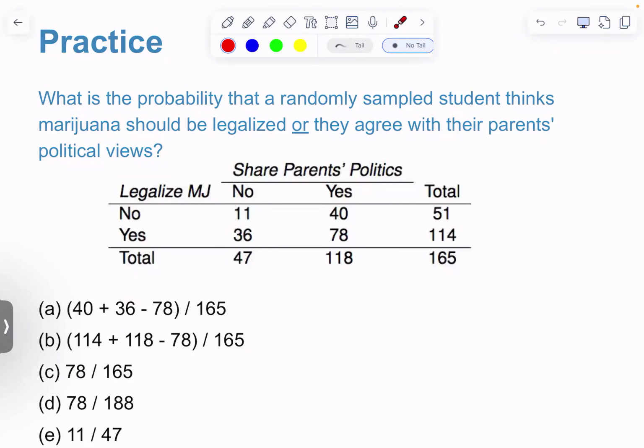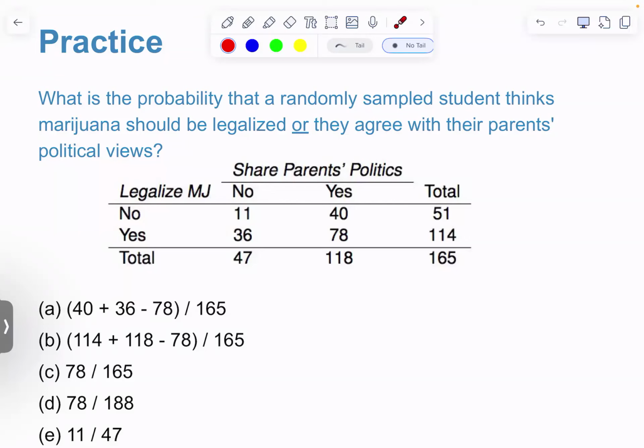What's the probability that a randomly sampled student thinks marijuana should be legalized? Oh, it's a marijuana heavy day, sorry, guys. It's weird. It should be legalized, or they agree with their parents' political views. So we've got a contingency table with categorical variables: whether they feel marijuana should be legalized, with 2 outcomes, yes and no, and whether they share their parents' politics, also a yes and no outcome.